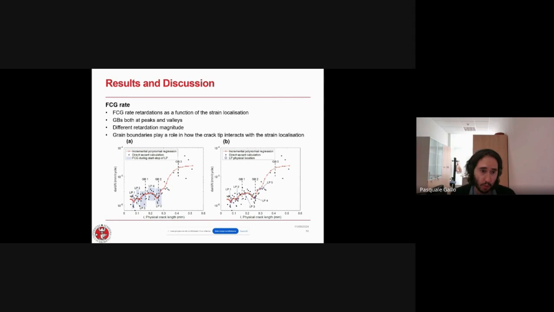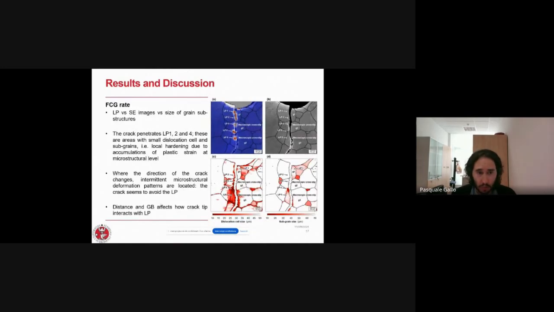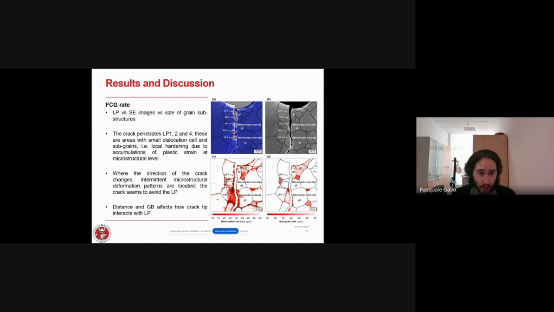We also noticed that there were different retardation magnitudes, and we thought that maybe the grain boundaries would play a role in how the crack tip interacted with the strain localization, that in our opinion were the main cause for those retardations. And that's where the EBSD analysis came into play. This is just an example, but basically we overlay our strain localization and CA images and also the grain substructure obtained by Michael Otto et al.